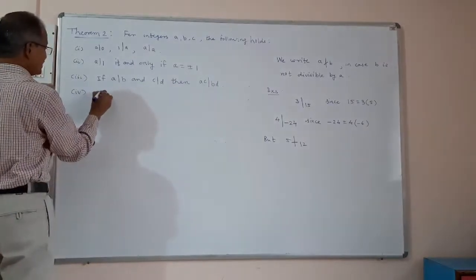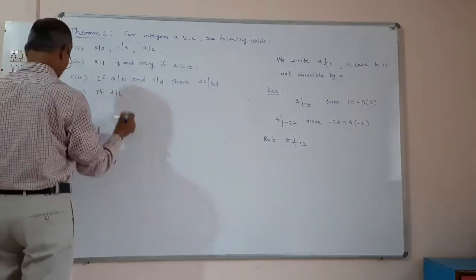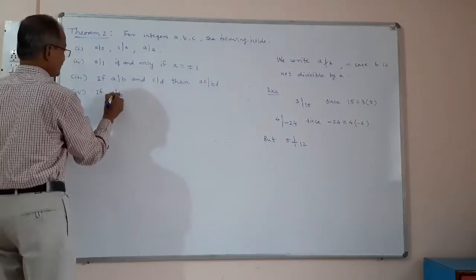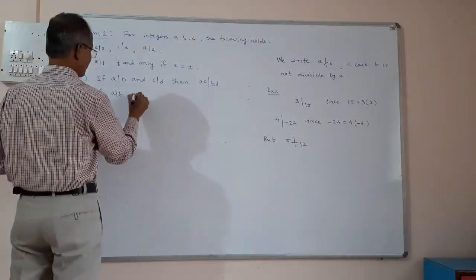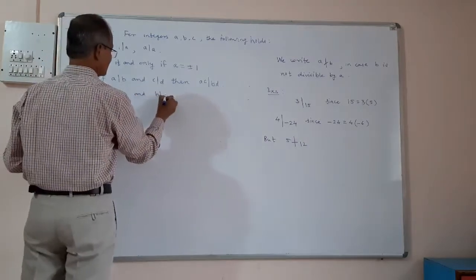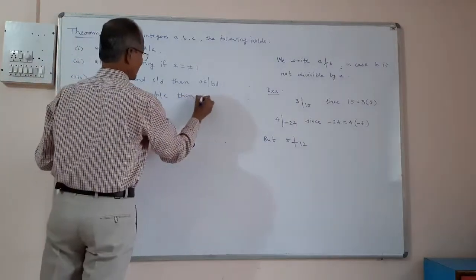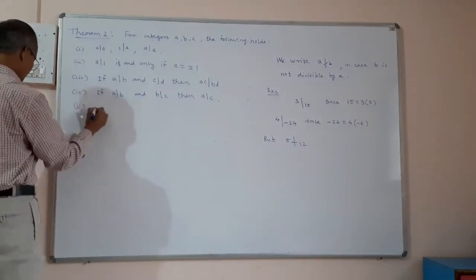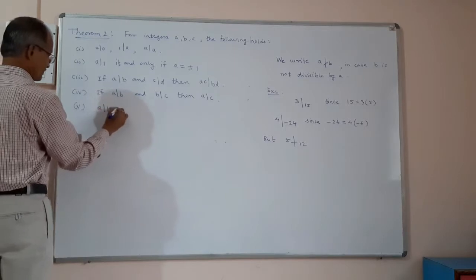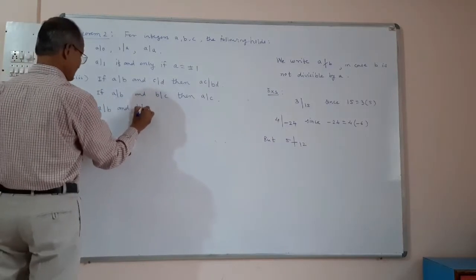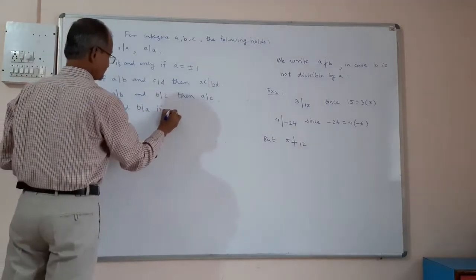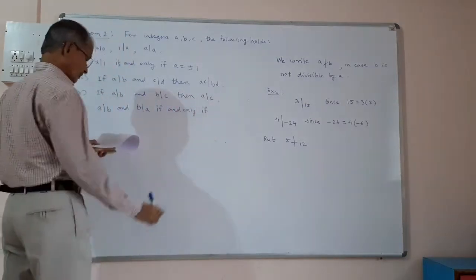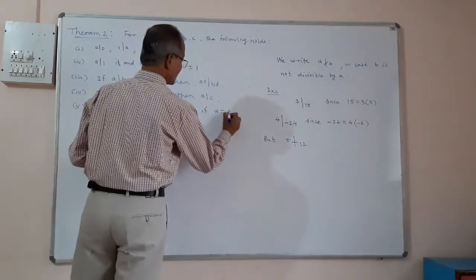If a divides b, then a divides bc. If a divides b and b divides c, then a divides c. A divides b and b divides a if and only if a is equal to plus or minus b.